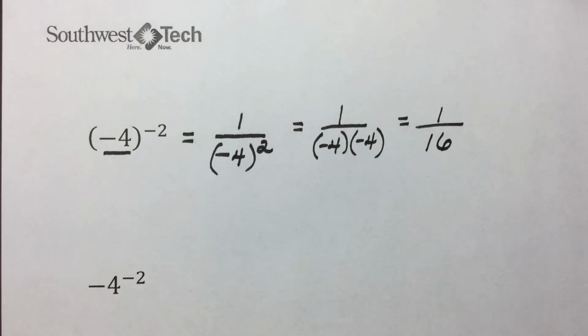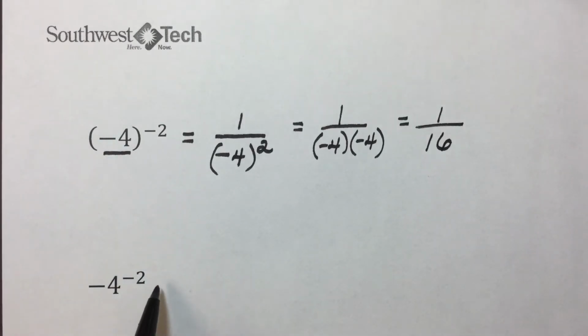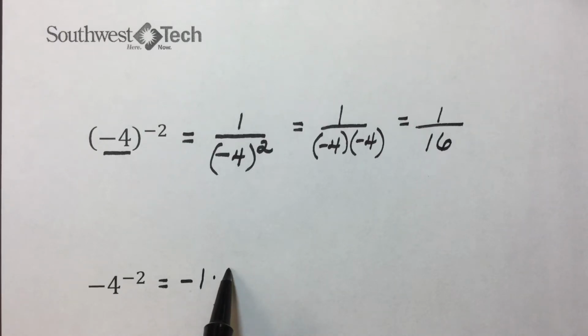In this next problem, if we wanted negative 4 to the negative 2 power, it would have been in parentheses as in the example above. This is shorthand for negative 1 times 4 to the negative 2 power, and it's only the 4 that is raised to the negative 2 power.